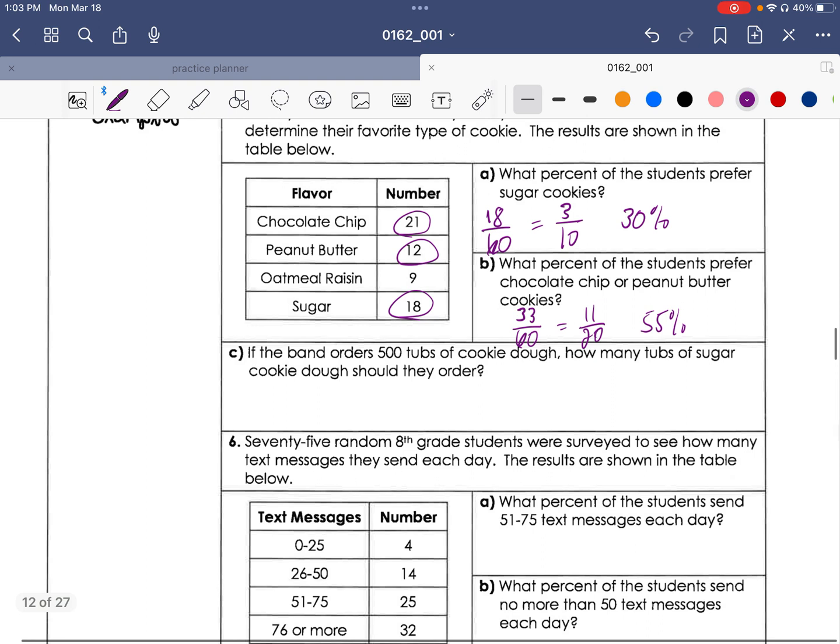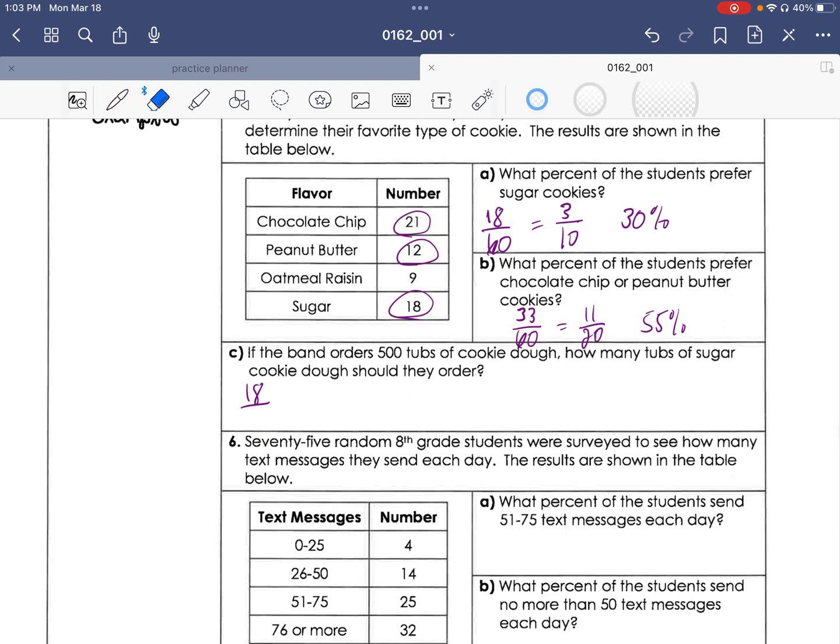If the band orders 500 tubes of cookie dough, how many tubes of sugar cookie dough should they order? So if we know that there were 18 out of 60, 18 out of 60 is equal to how many out of 500 tubs? So we're going to cross multiply.